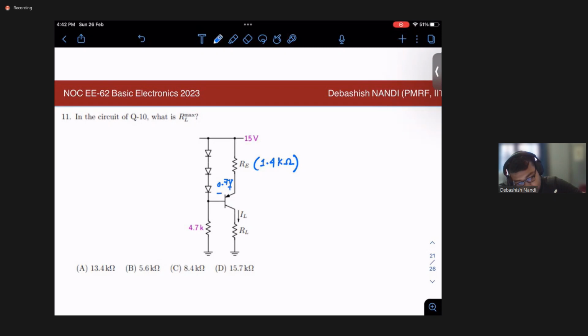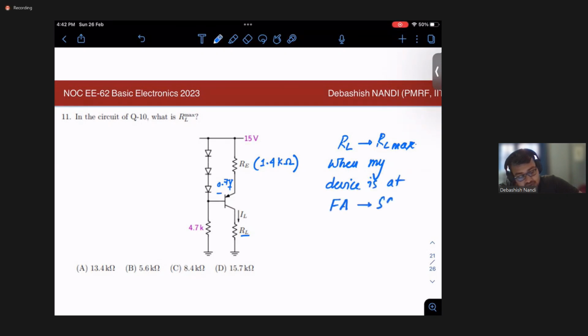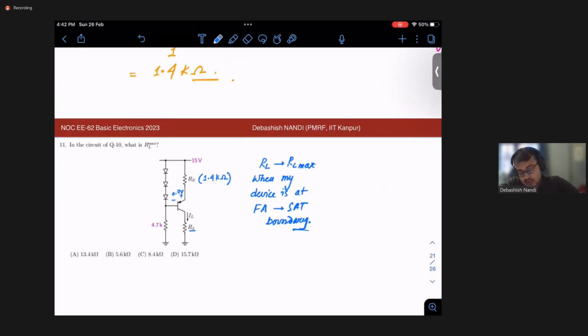We need to find out RL. So RL will be RL max when my device is at the forward active saturation boundary. How do I know that?